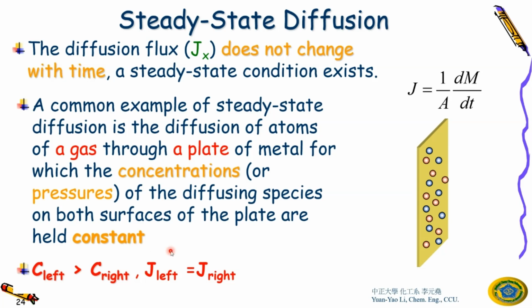What does this mean? I have material where the concentration at left is constant, and on the right the concentration is constant, but the concentration on the left is greater than at the right. But the flux from here to here keeps as a constant. This is what we call steady state diffusion.